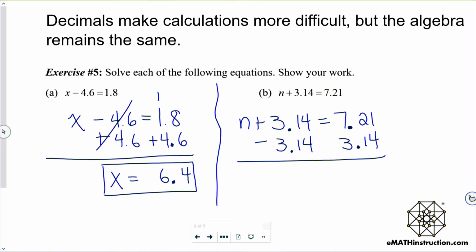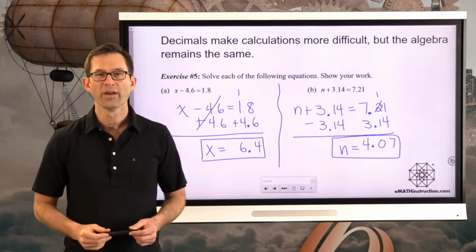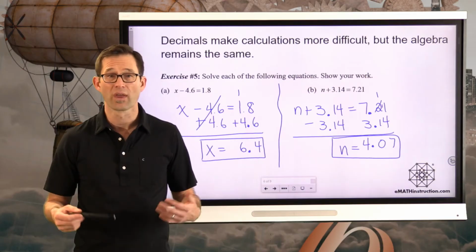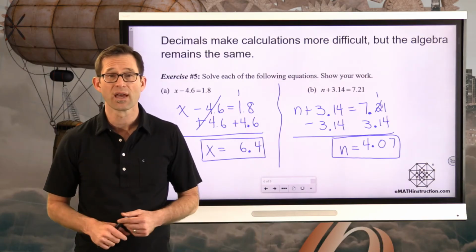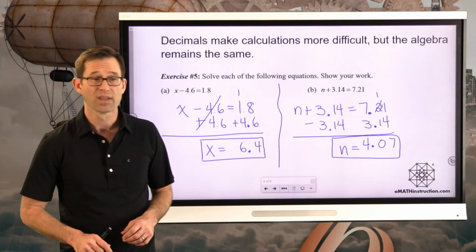And now this just really becomes a decimal subtraction problem, right? We can do a little bit of that, and we get 4.07. All right. Not an exciting problem, right? Really, it just boils down to, can you subtract and add decimals together? But that's it. That's all you have to do.